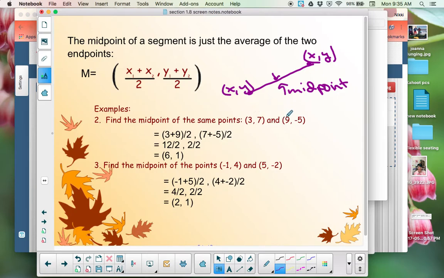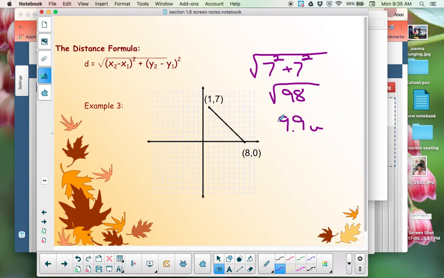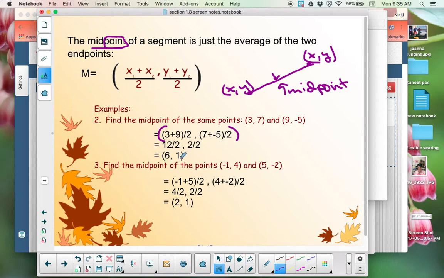We're going to add 3 and 9 and divide by 2. But since it's the midpoint, since it's a point, our answer will be coordinates. So when you get down to your answer, make sure you write it as coordinates. That's different than the distance formula where you actually got a length. The midpoint would give you a point.